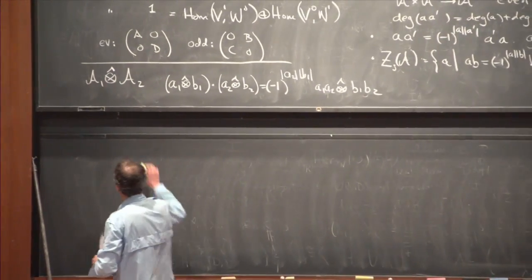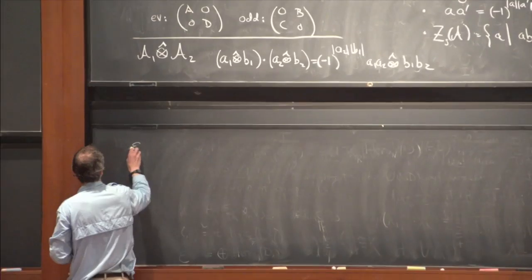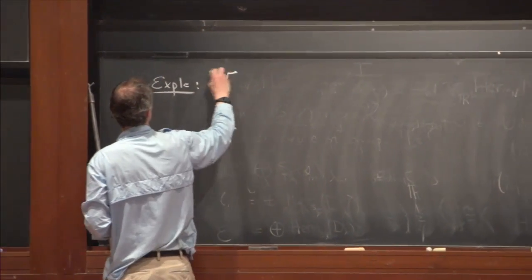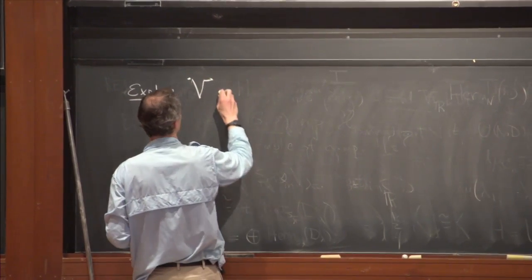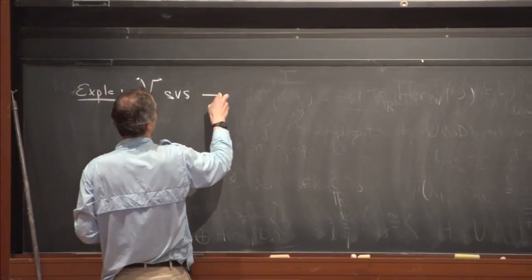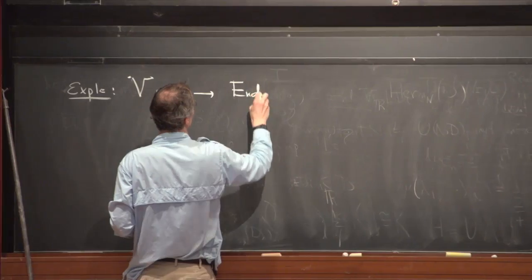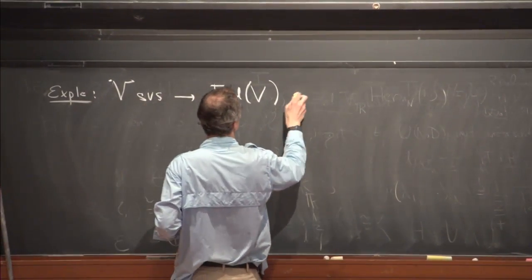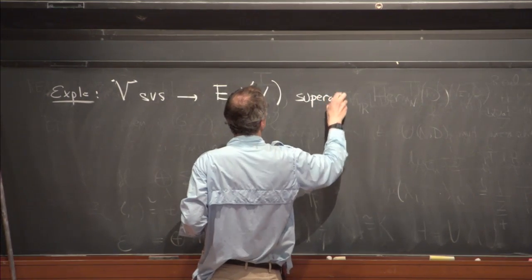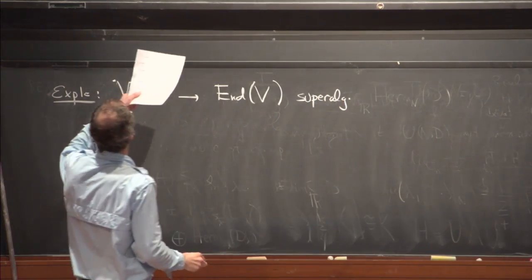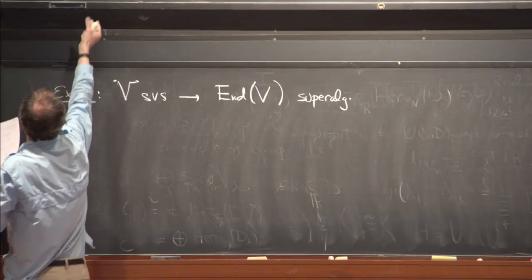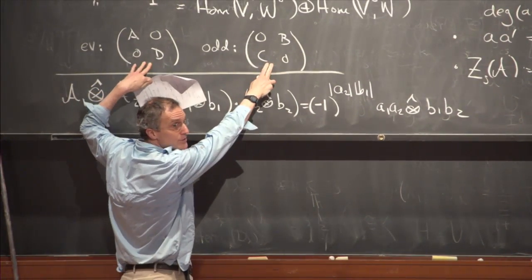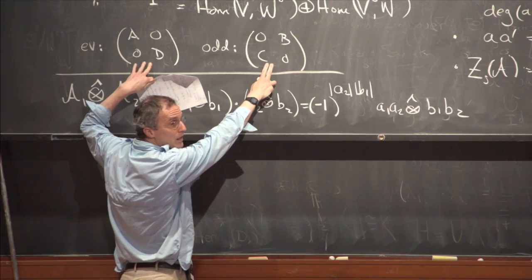So what's an example of a superalgebra? If V is a supervector space, then the linear transformations of V to itself is a superalgebra. Because the product of an even and odd matrix still is off diagonal, so it's odd.